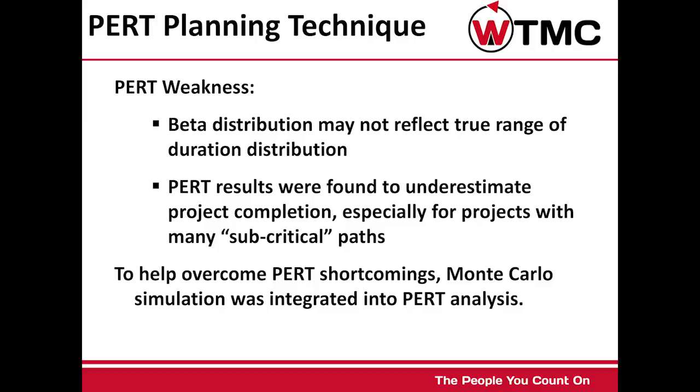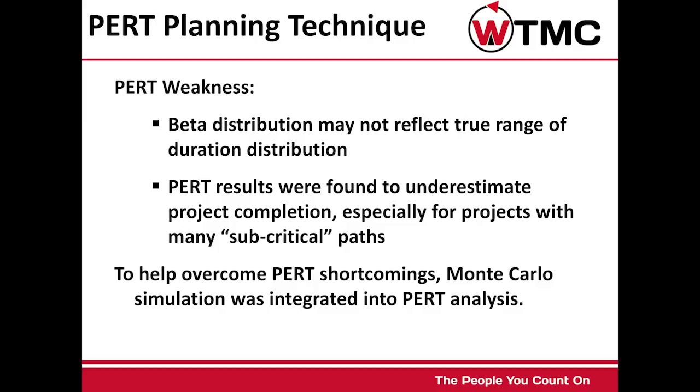To help overcome PERT shortcomings, Monte Carlo simulation was integrated into PERT analysis. Regarding the Monte Carlo simulation, this technique was used to model probabilities and risks. For project and turnaround activities, it is used to model variations in the duration of the work.